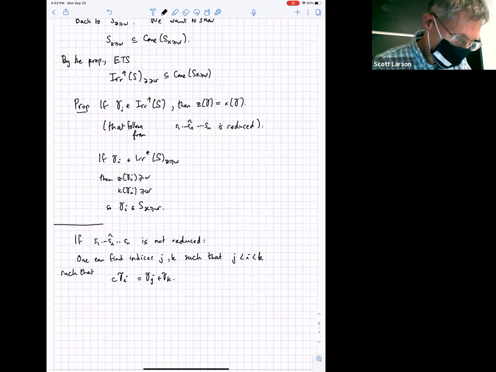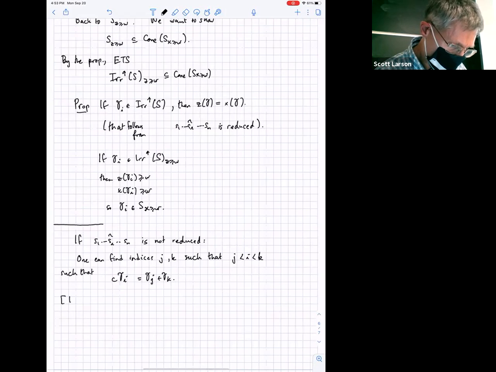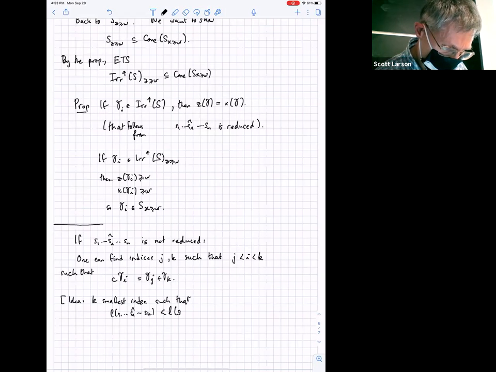Basically, the idea would be something like this: if this expression was not reduced, then k is the smallest index such that the length of S1 up to Si hat up to Sk is less than the length of S1 up to Si hat up to S of k minus 1.